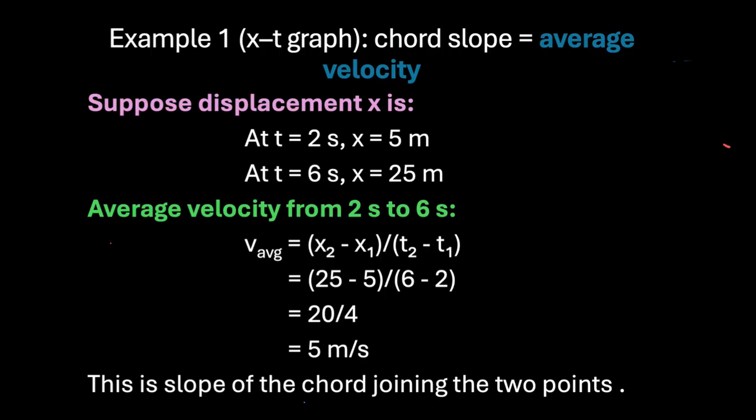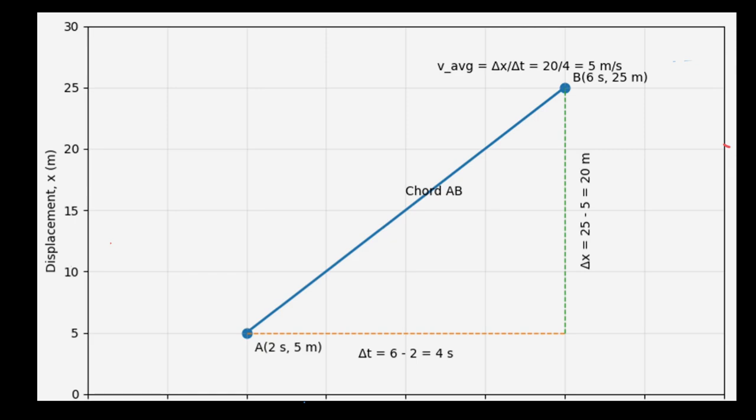Let's now visualize this calculation on a graph. The same calculation. Let's look at this. So we have the point A here, this is x1 comma t1, and B here is x2 comma t2, right?